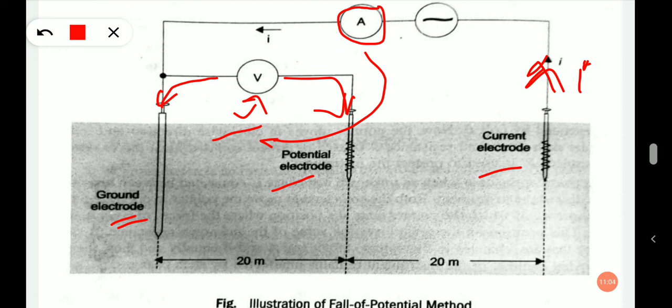The current density increases in the ground and current electrodes as current electrode is moved towards the ground electrode, which in turn causes the distortion in resistance measurement.